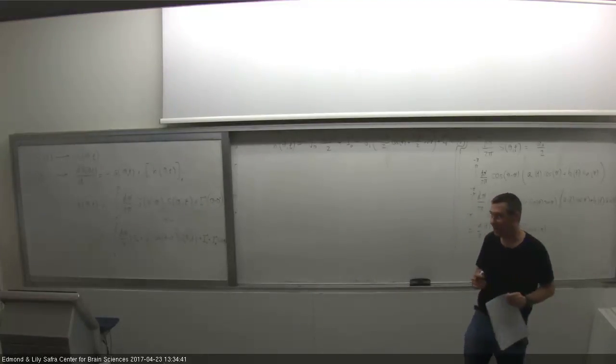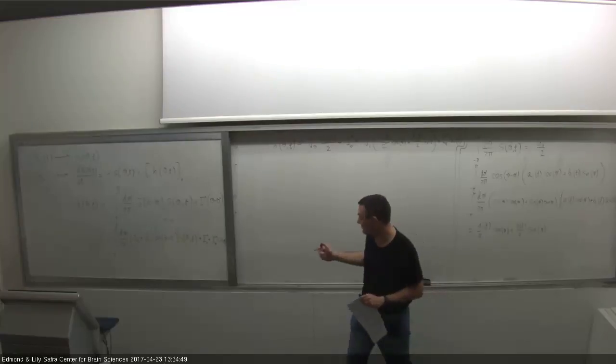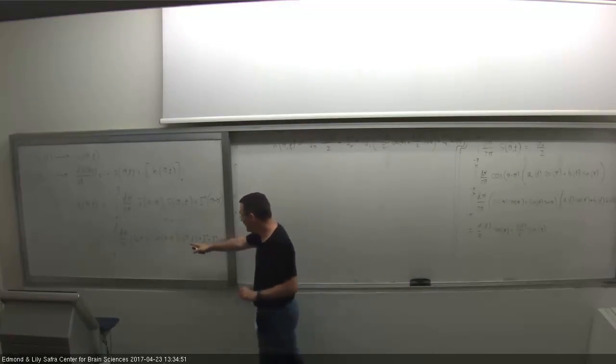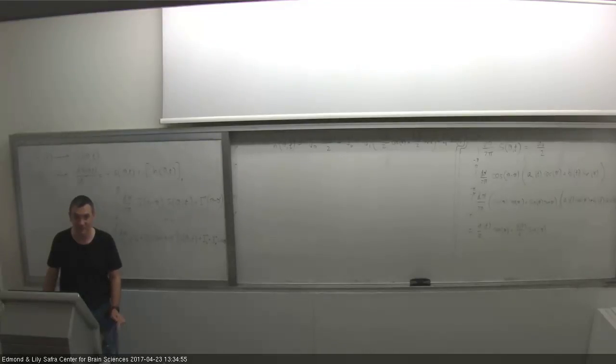But now you can say, okay, fine, you are cheating, because you are taking a model in which you are only taking the first Fourier components in the input and in the connectivity. What will happen, for example, if you had a perturbation in the input or in the connectivity using higher Fourier terms?